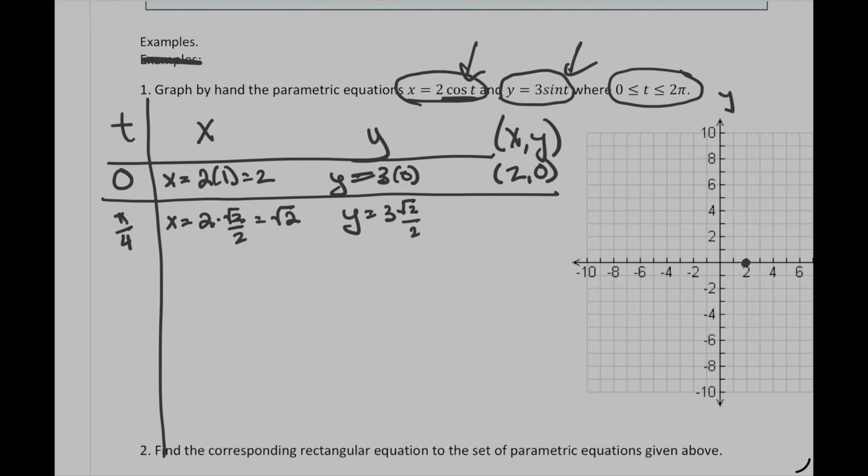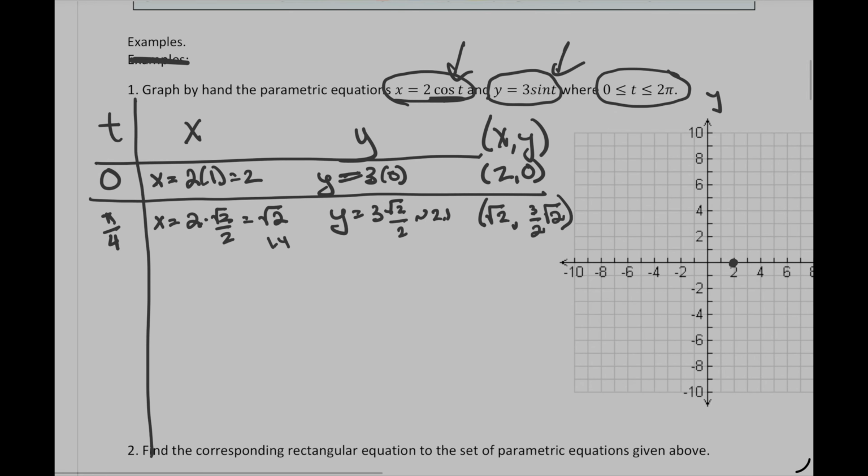So root 2 is about 1.4. 3 root 2 over 2 is about 2.1. So I'm going to plot root 2 and then 3/2 root 2, which is about 1.4 and about 2.1. So about right there, okay?